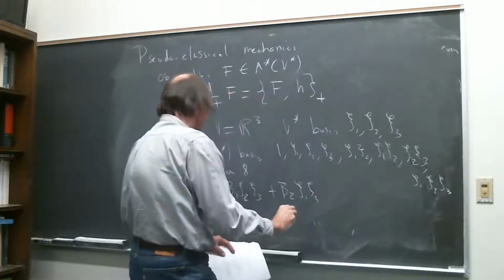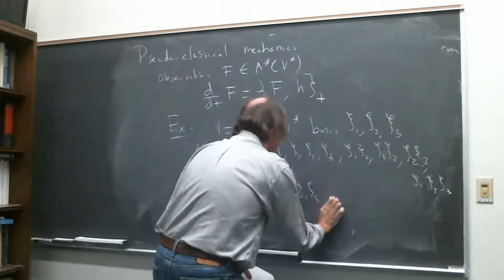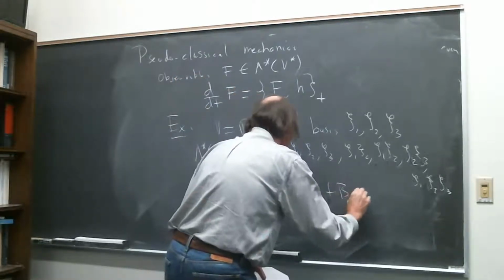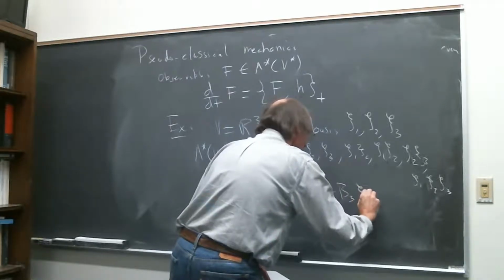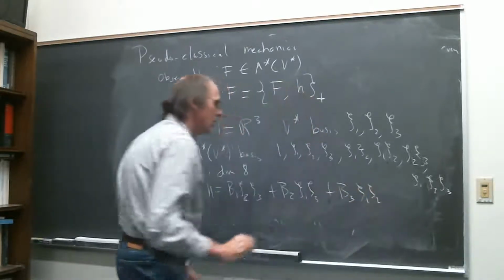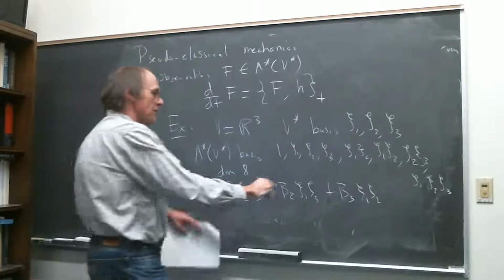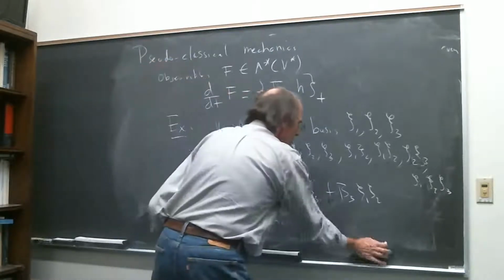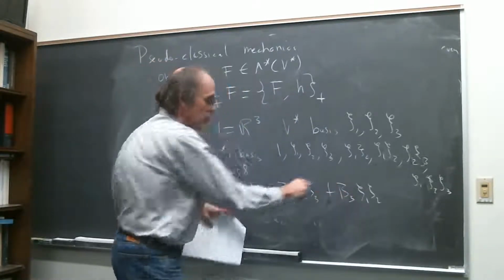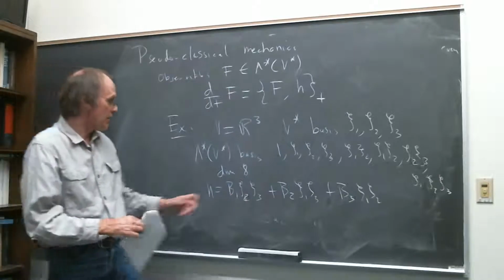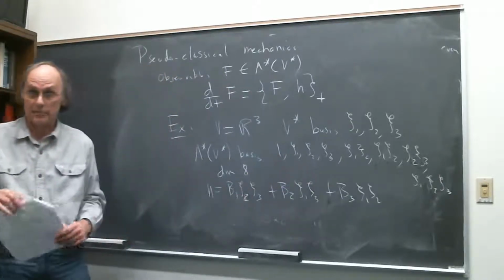I may get the signs wrong in doing it this way, but for some numbers b1, b2, and b3, an arbitrary Hamiltonian is going to be given by these.